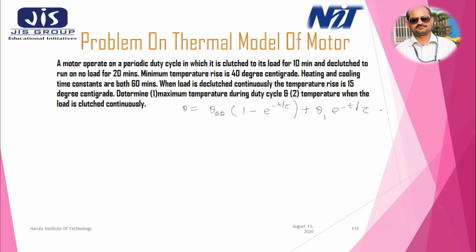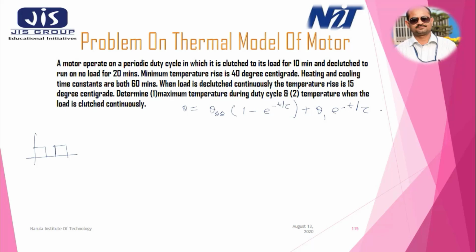Okay, now if we read this problem, the motor is clutched for 10 minutes and then declutched for 20 minutes. So that means it is basically an intermittent load type.